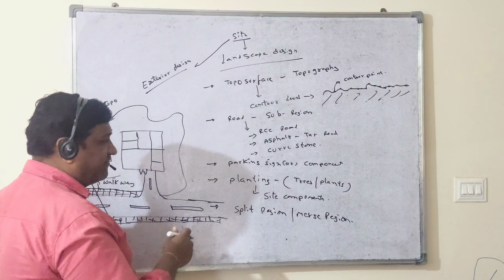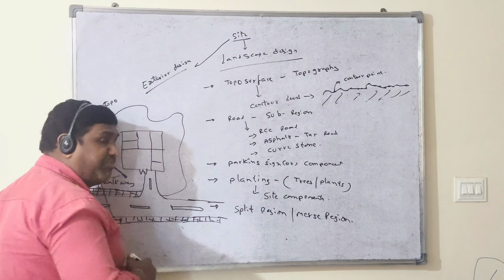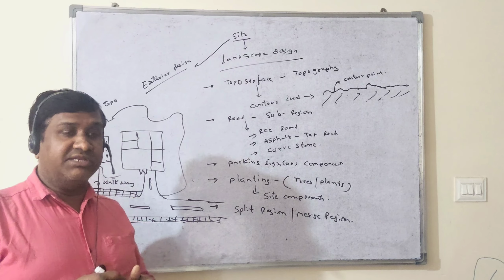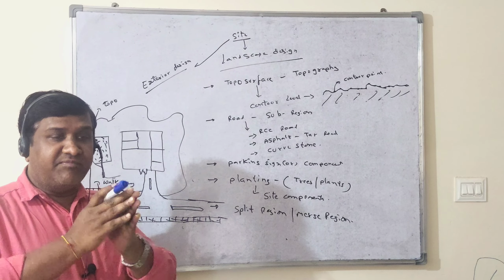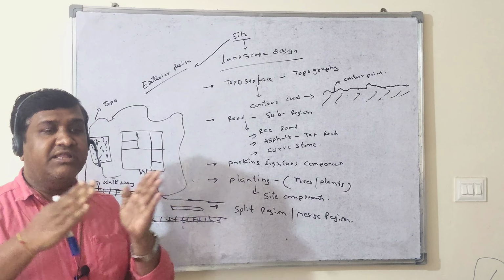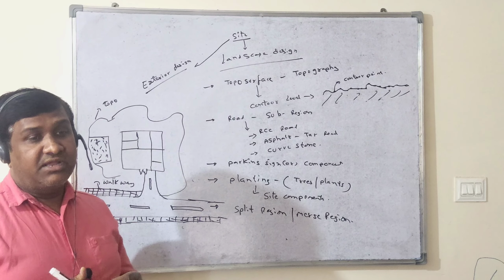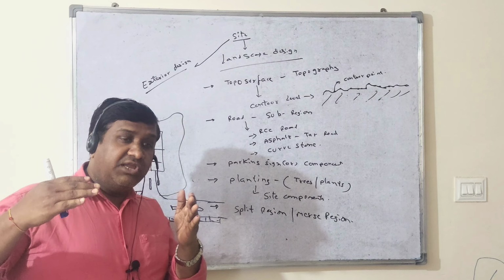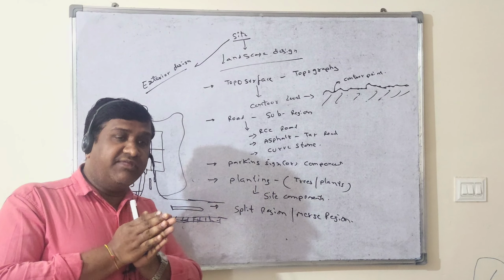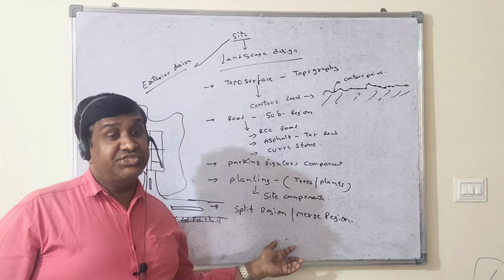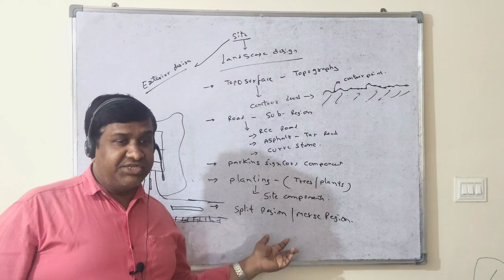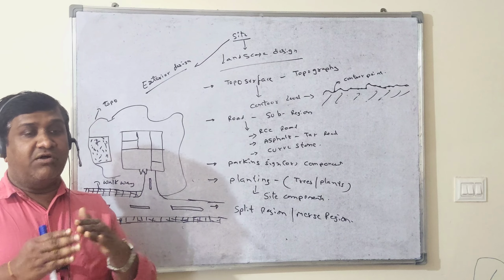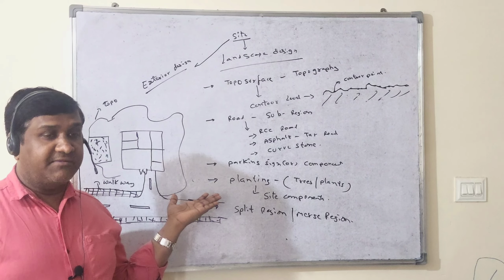Everything we can do by using split region or merge region. Split means the topo surface we can sketch separately and make it different parts. That we will call a split region. And if you want to make the topo surface a single surface, then you have to go with merge region. With the help of merge region, we can combine the topo surface along with the split region.